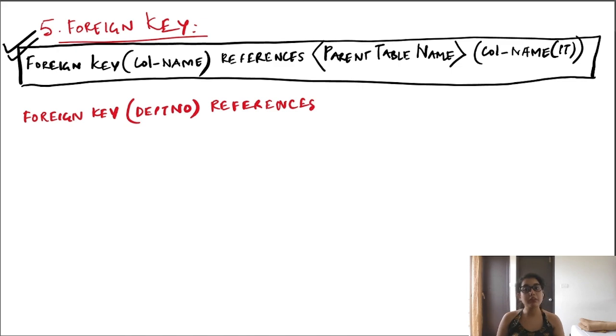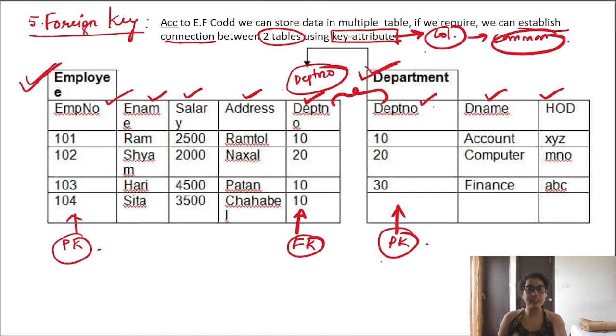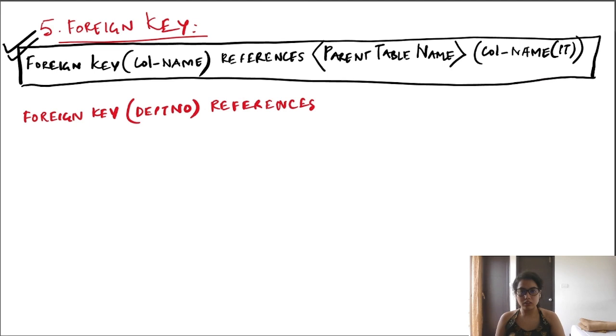References means from which table we are referring this department number. From the department table, right? So what is the parent table of this foreign key? It will be department, right? I'll write it as department.